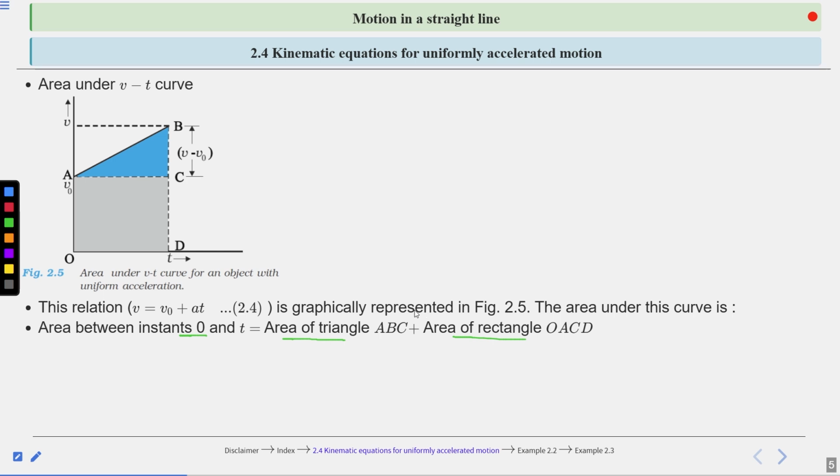So there are two areas. First, this shaded region is the area of triangle ABC, and the remaining part is the area of rectangle OACD.